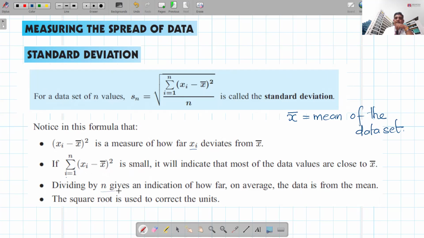Dividing by n gives the indication of how far, on average, data is from the mean. And the square root is used to correct the units.